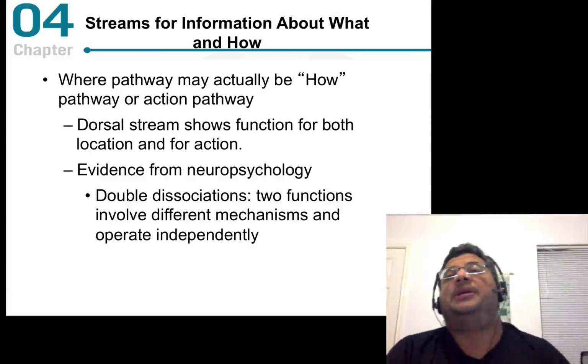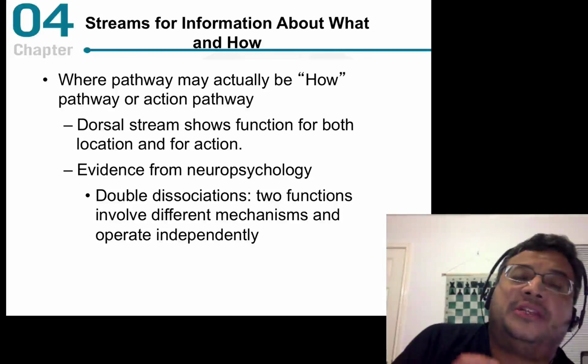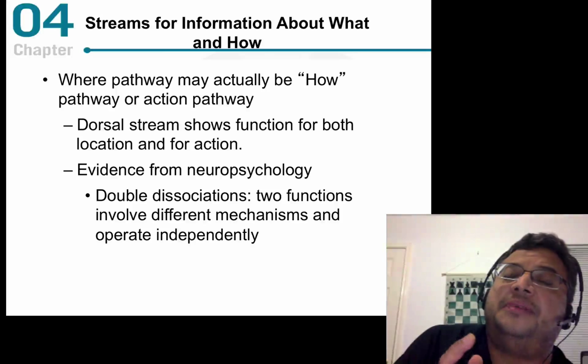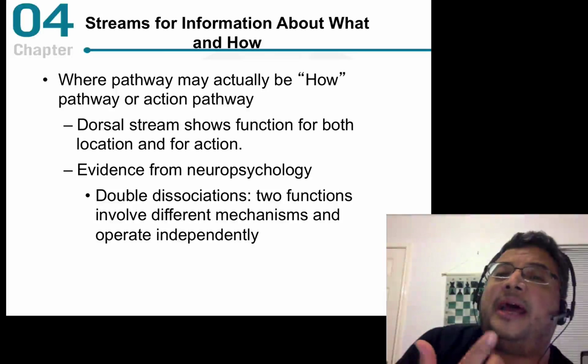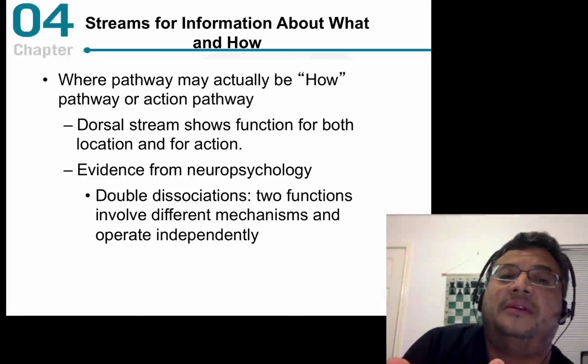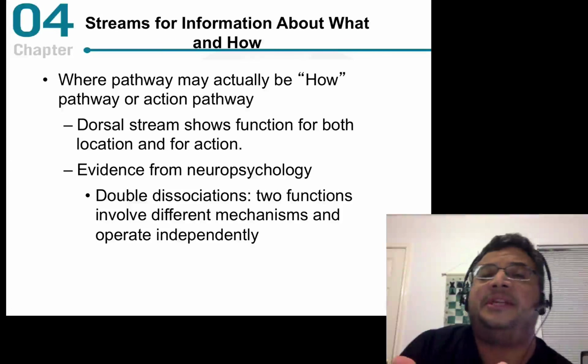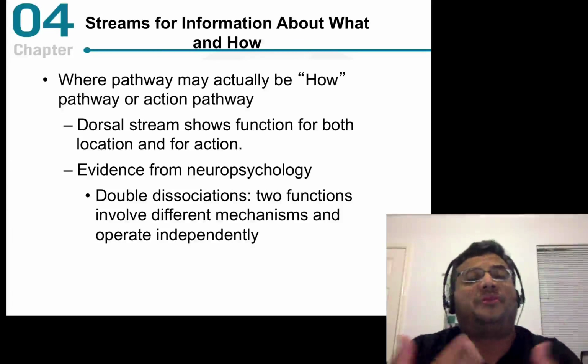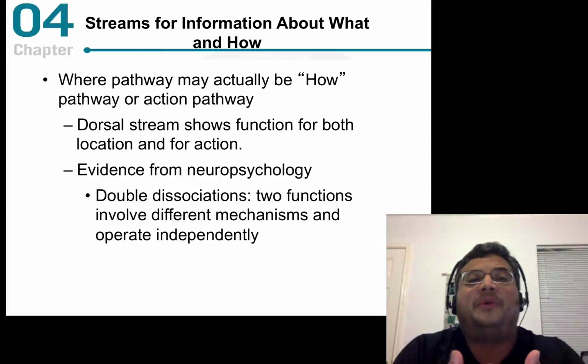In other words, not only does it seem to tell us where something is, but it also seems to give us some information about how to use something. The dorsal stream shows functioning for both location and for action.